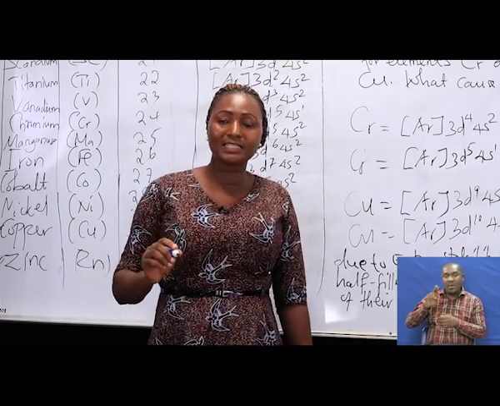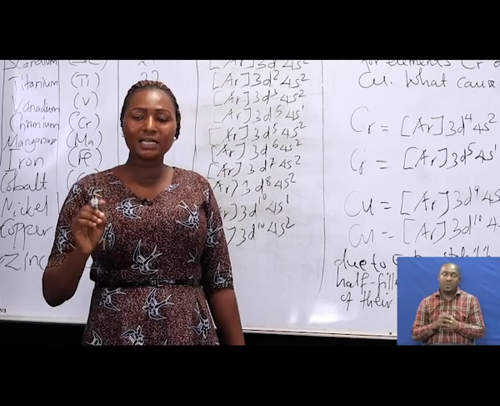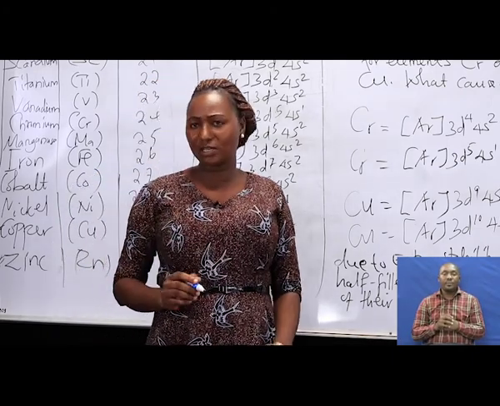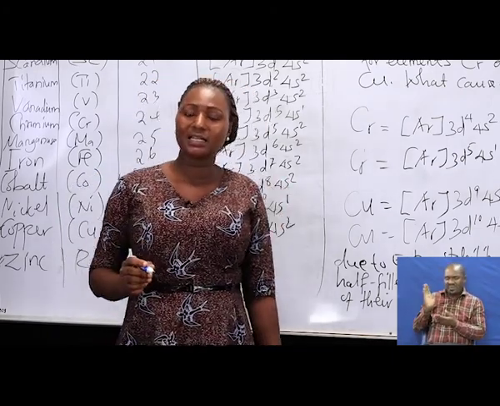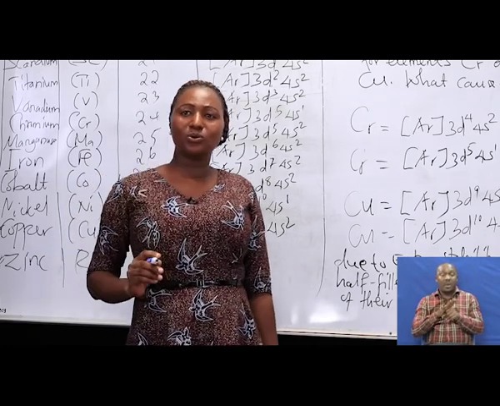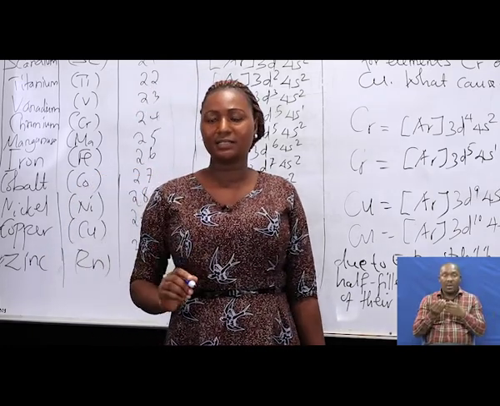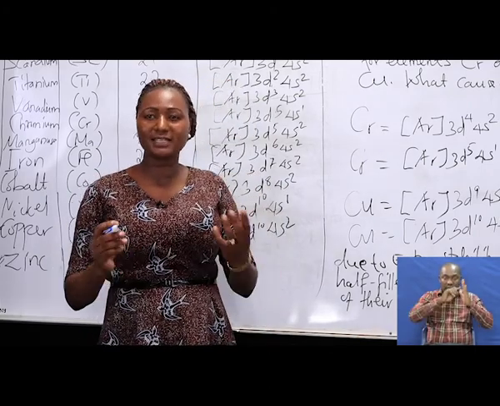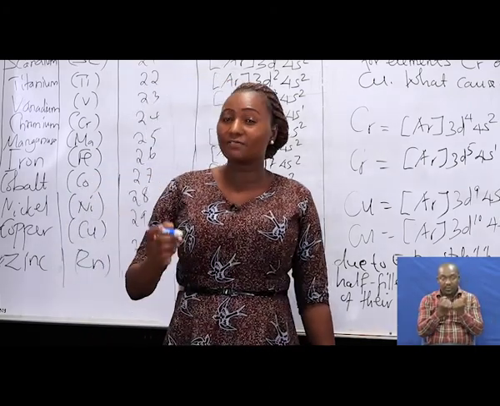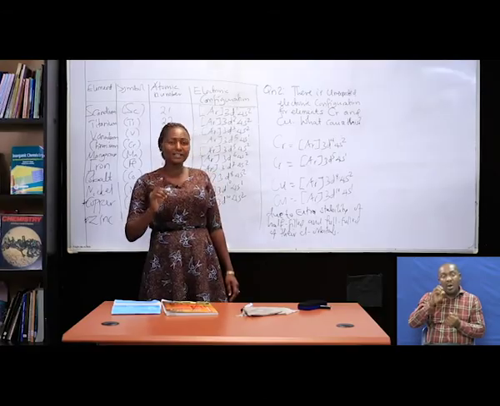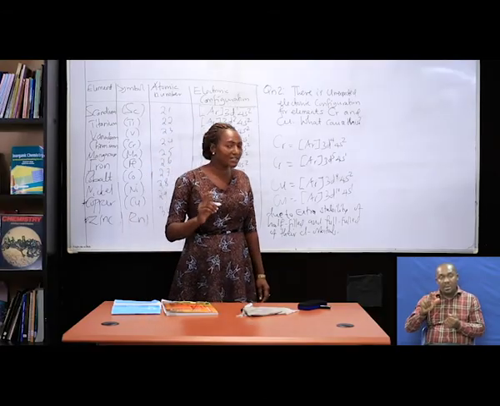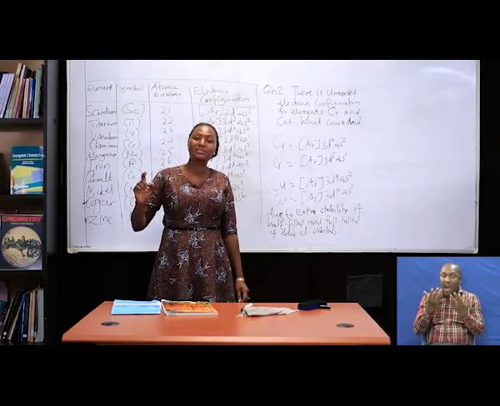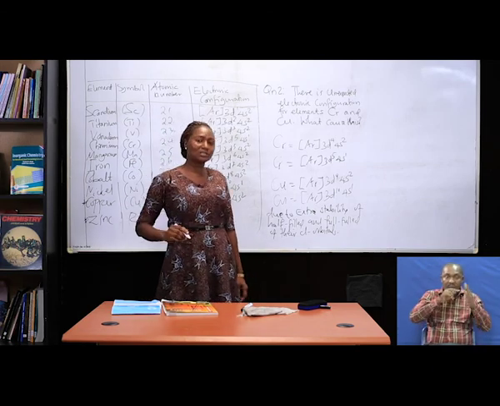This is applied to p, d, and f orbitals. For the p orbital, half-filled must contain 3 electrons, full-filled 6 electrons. For the d orbital, half-filled must contain 5 electrons and full-filled 10 electrons.